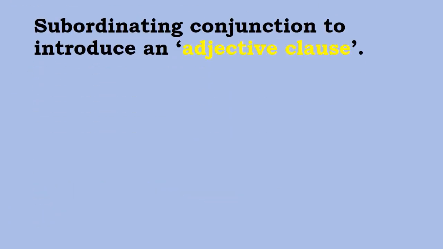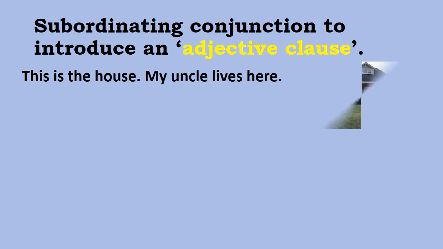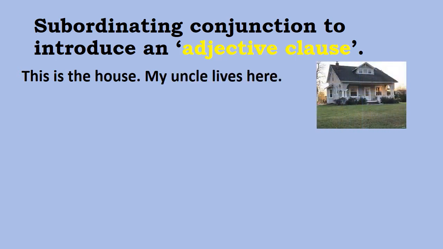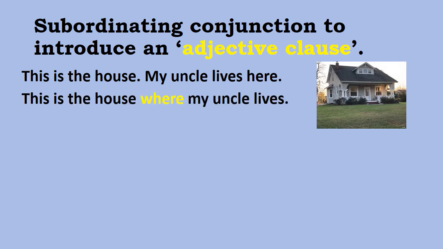The next is subordinating conjunction to introduce an adjective clause. This is the house. My uncle lives here. These are the two sentences. Now since an adjective clause will describe something which is there in the main clause, our combined sentence will come out as: this is the house where my uncle lives.